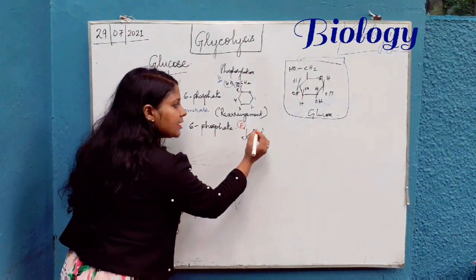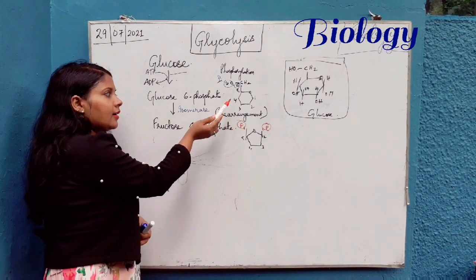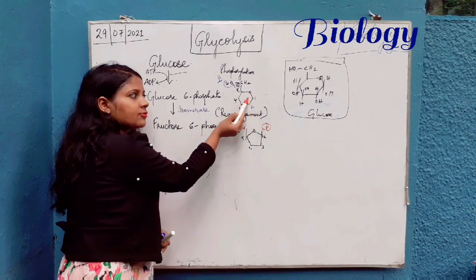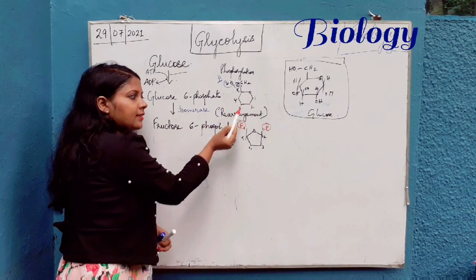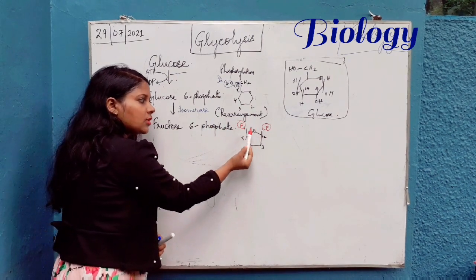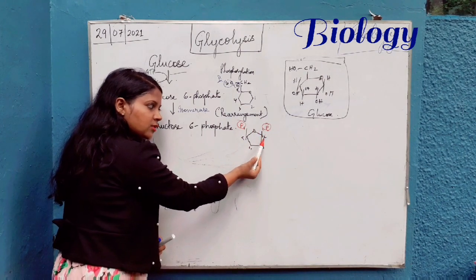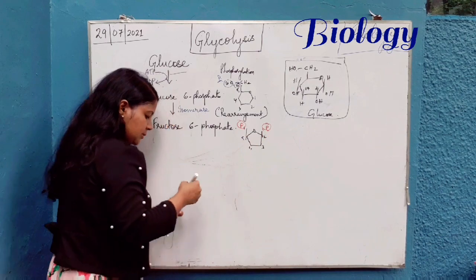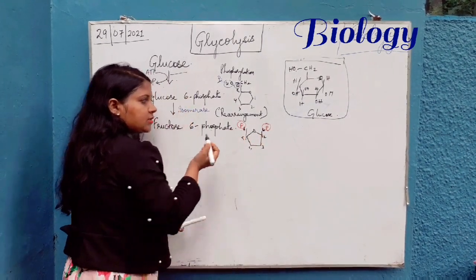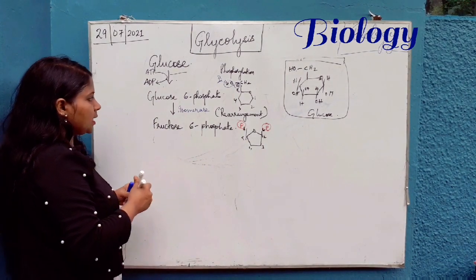If the glucose 6 phosphate were used, we could not add the phosphate here. That's why they isomerize to fructose 6 phosphate, and 2 phosphates are now added. 1 phosphate is at the first carbon atom, and here at the 6th place the phosphate is added. So this is the next step.